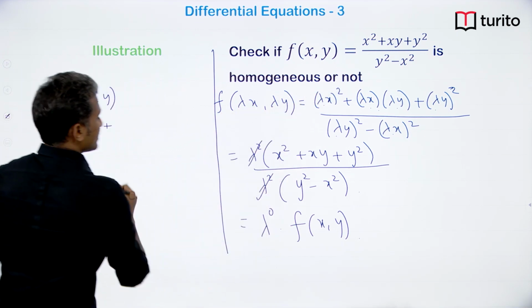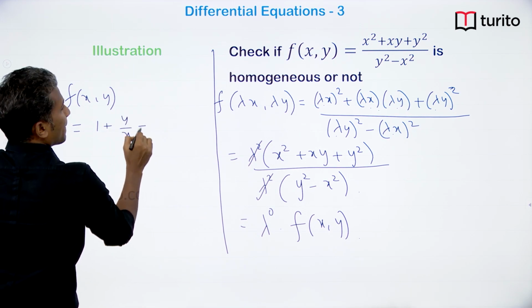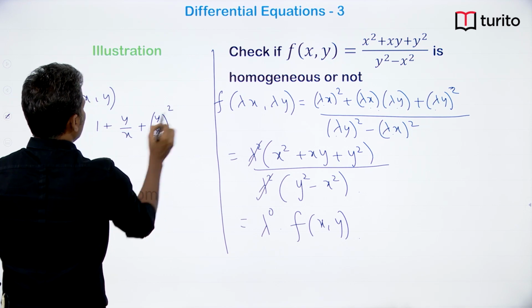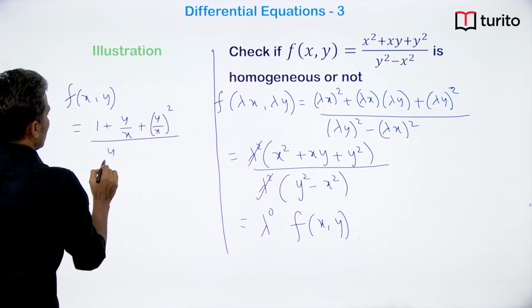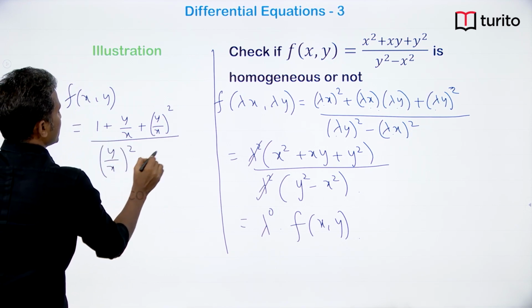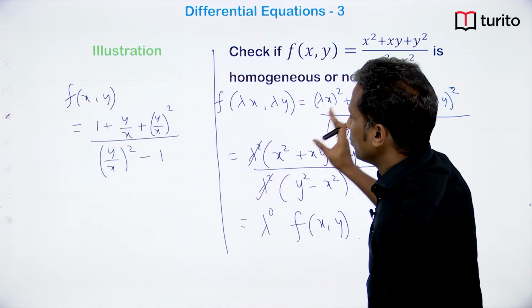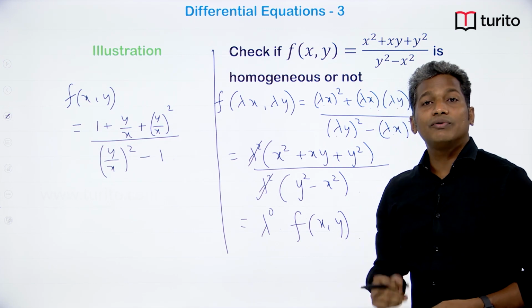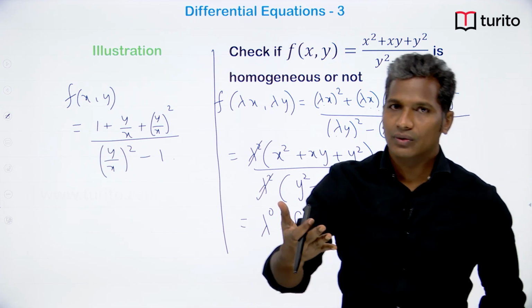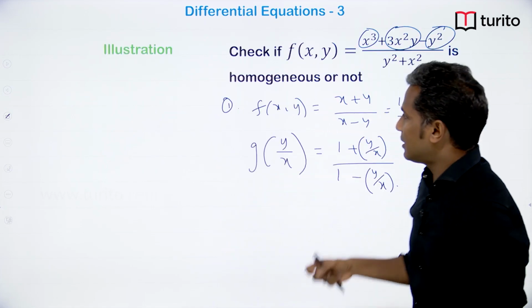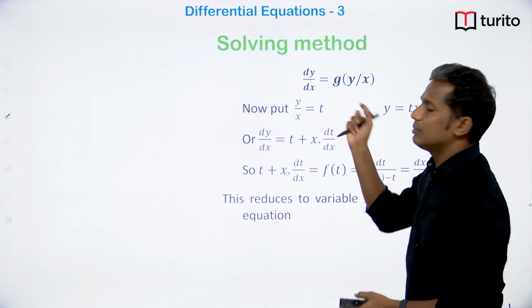So xy by x square will be y by x, and y square by x square will be y by x whole square, divided by y by x whole square minus 1. This way any homogeneous expression of degree of homogeneity 0 can be written as a function of y by x. That will give us the basic idea of the method.